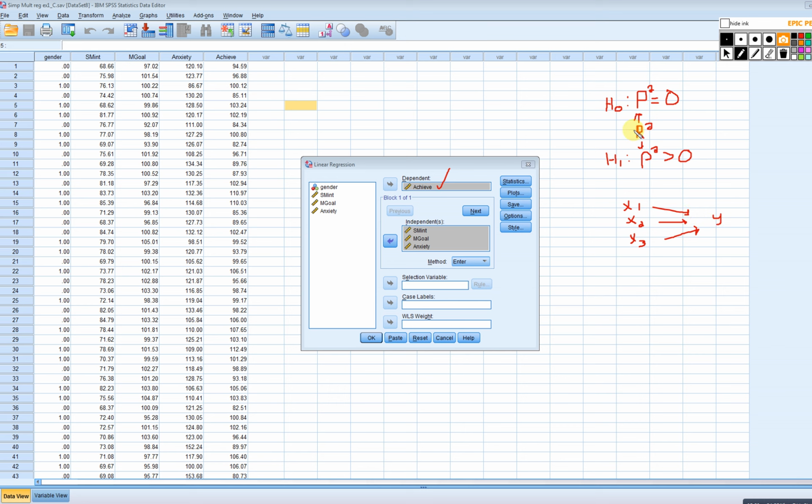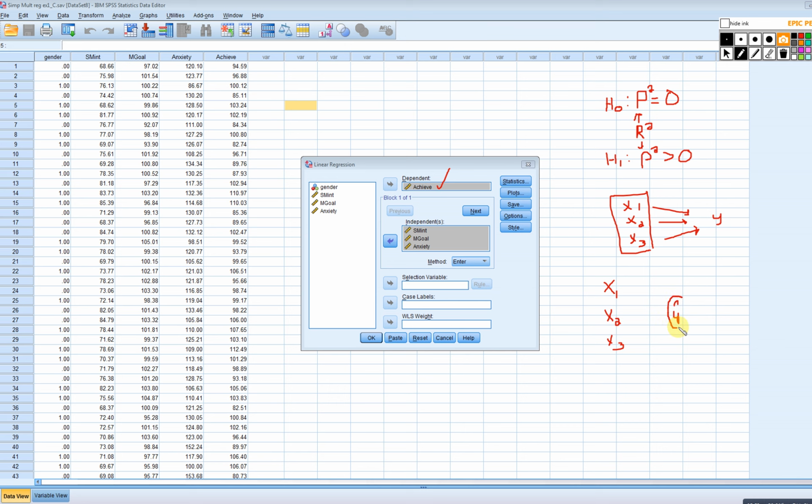And so the test of rho squared is a test of the joint effect, or the combination of those variables on y. And what happens is that the information from these predictor variables is essentially utilized to create a latent variable, which is called predicted y.